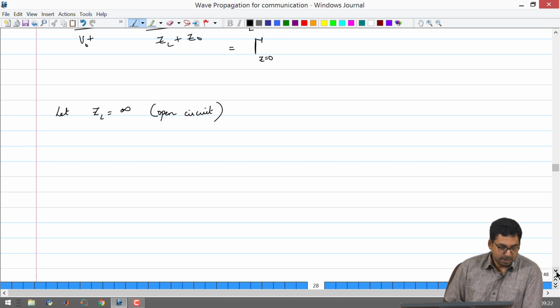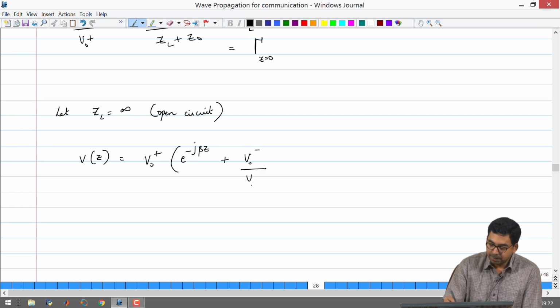When ZL is equal to infinity, V of Z is going to be V naught plus e to the minus j beta z plus V naught minus divided by V naught plus, times e to the plus j beta z.